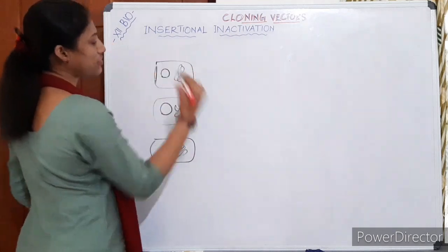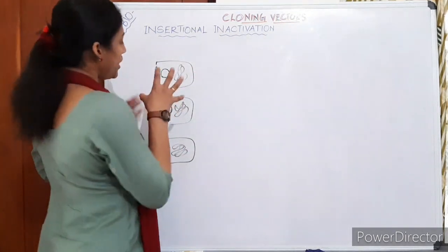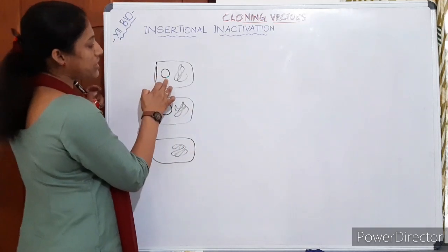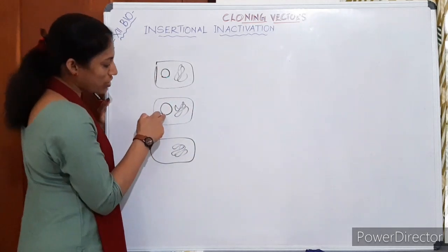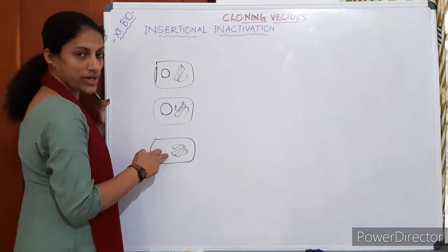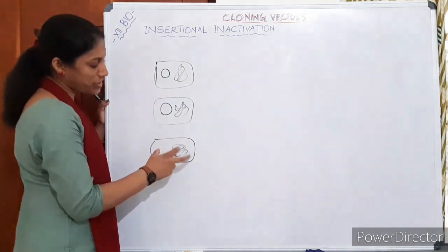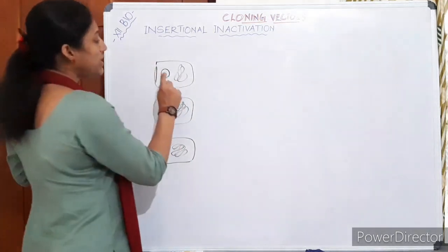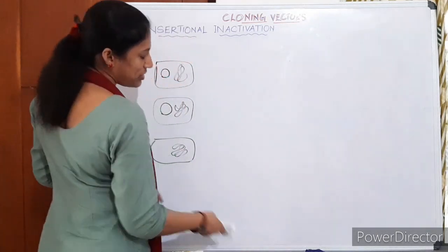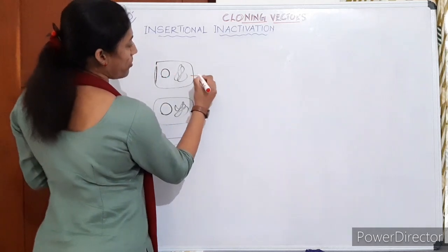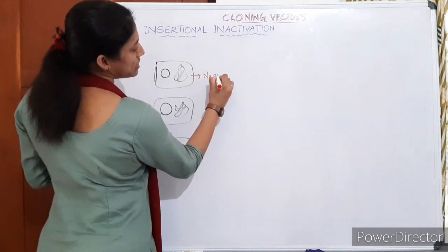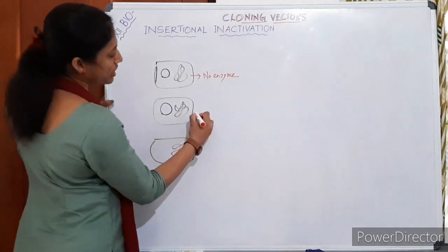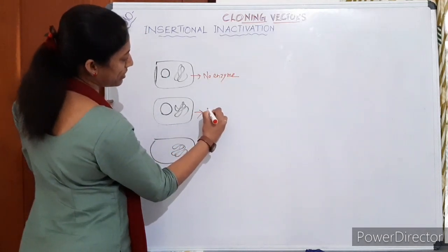In this particular example, this is a recombinant, this is a non-recombinant DNA, whereas this one hasn't received anything, so it is a non-transformant. These two are transformants. And this recombinant will not produce enzyme, whereas this one produces enzyme.